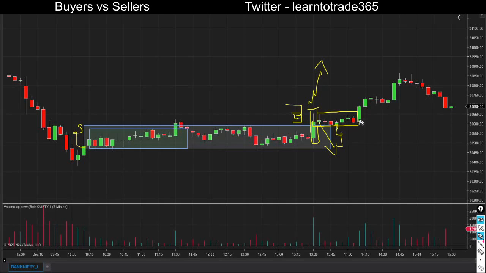So what happened, once again price went up above the balanced auction which developed here. Slowly and steadily from this point, Bank Nifty went up by almost 200, or precisely 250 points.